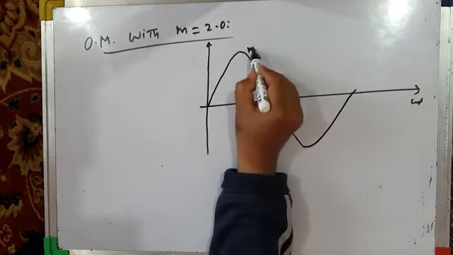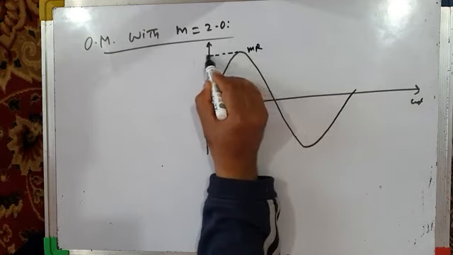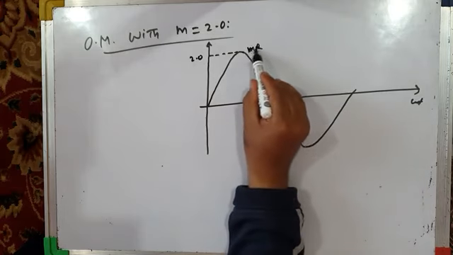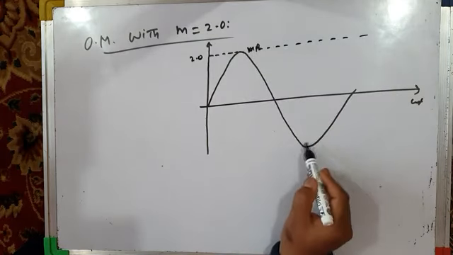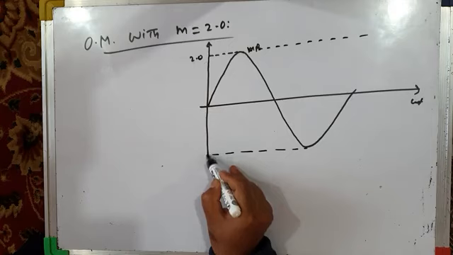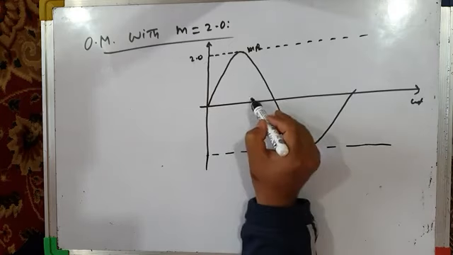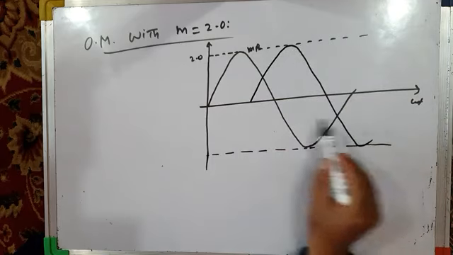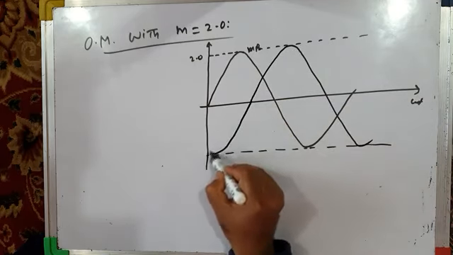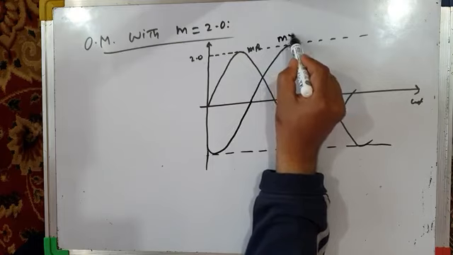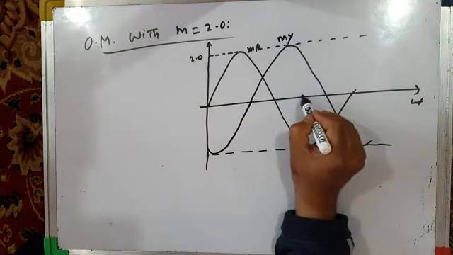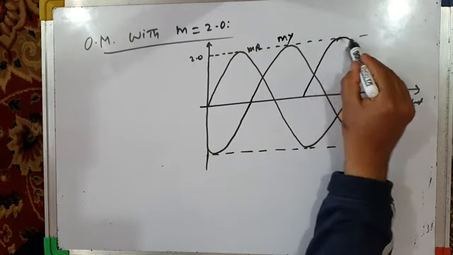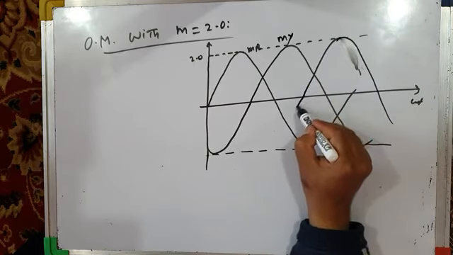This is MR, and its peak value is 2.0. This is the sinusoidal modulating wave MY, and this is the sinusoidal modulating wave MB.